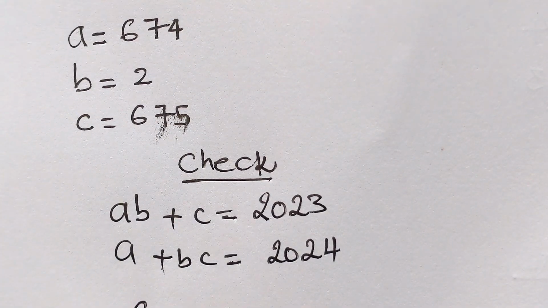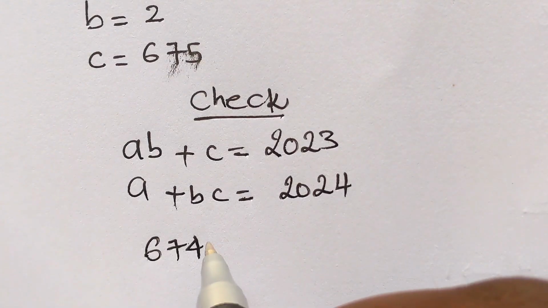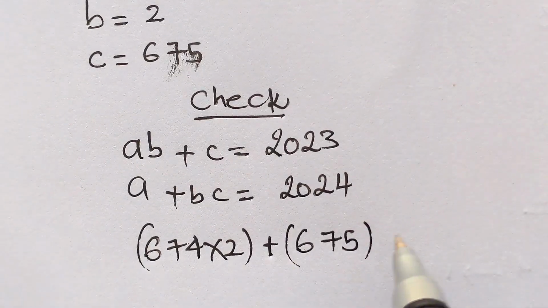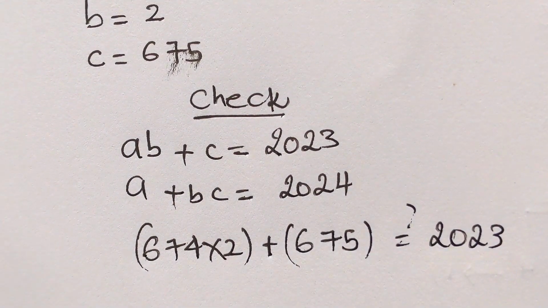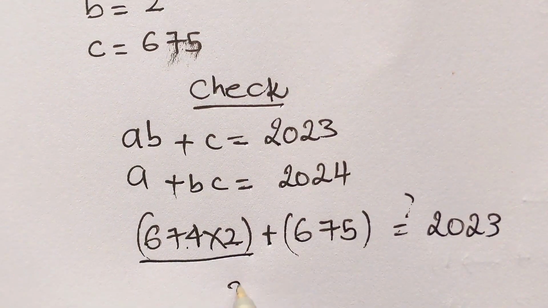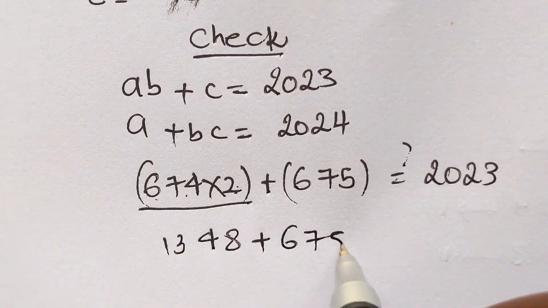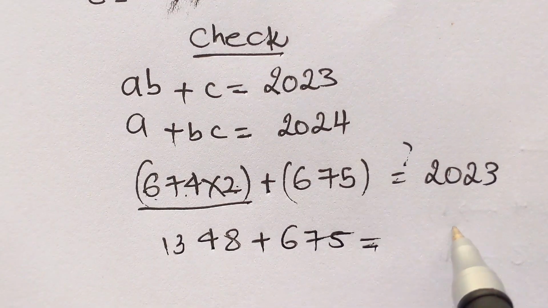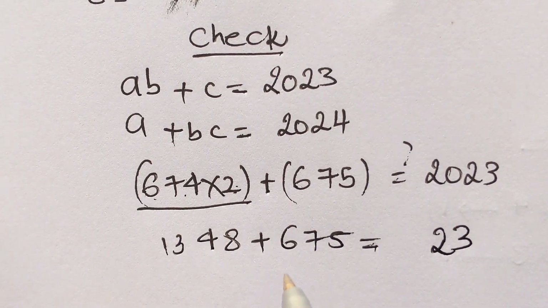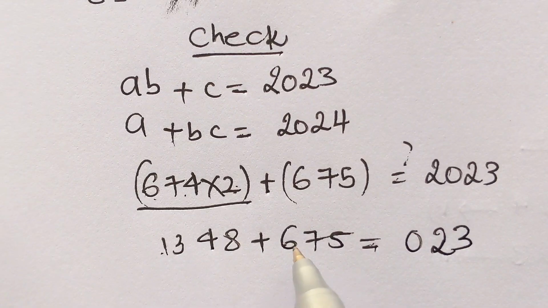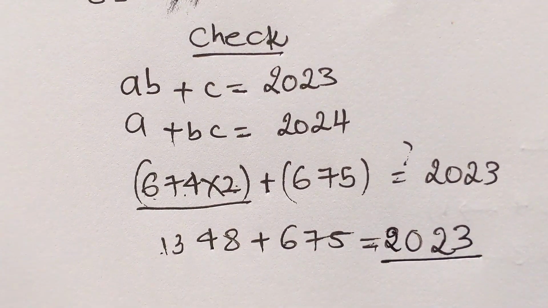With a equal to 674, times 2, plus 675, is it equal to 2023? Adding the digits with carries, we get 2023, which is correct.